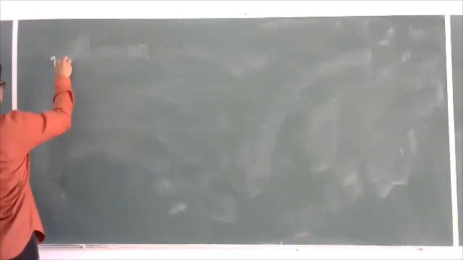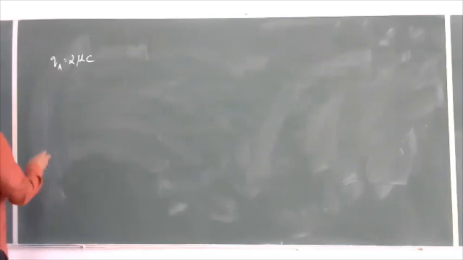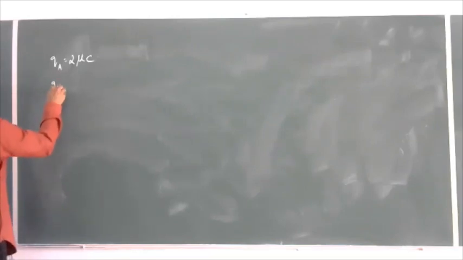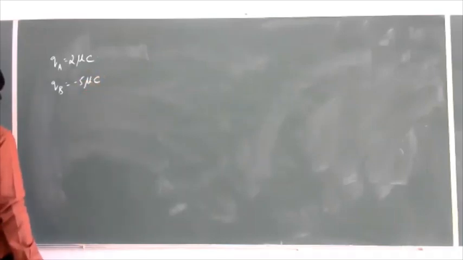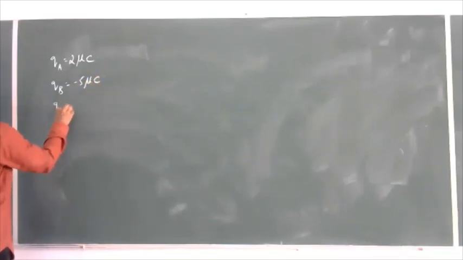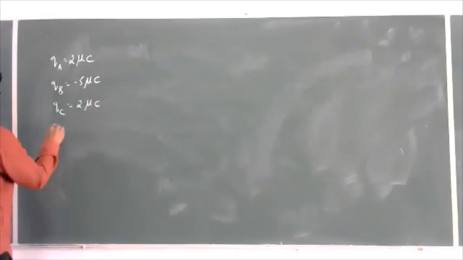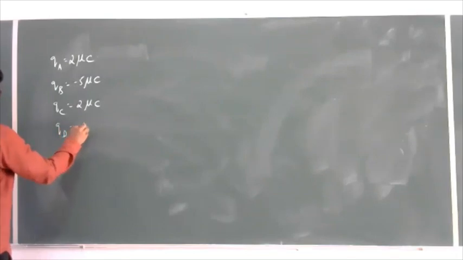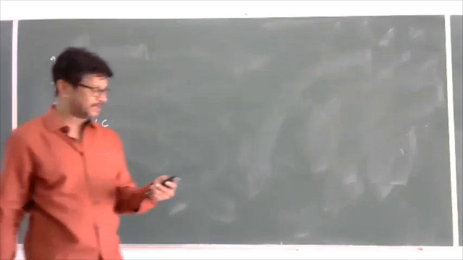QA, 2 microcoulomb, QB, minus 5 microcoulomb, QC, 2 microcoulomb, and QD, minus 5 microcoulomb, are located at the corners of a square ABCD of side 10 centimeter.